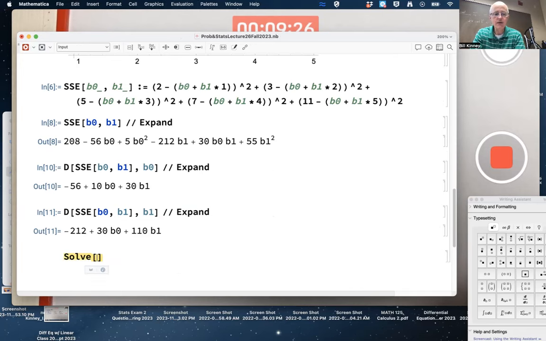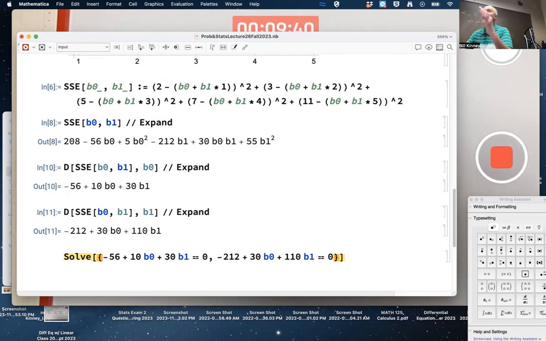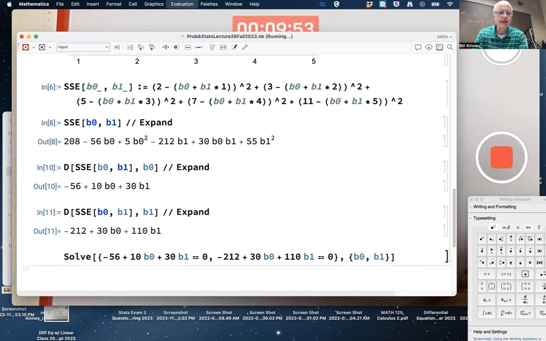Setting those equal to 0 and solving for b0 and b1 is what we do to try to maximize, or excuse me, minimize SSE. We're trying to minimize the sum of the squares of the errors. That's why it's often called least squares linear regression. You might wonder where the word regression comes from, and that's got kind of a sad story, but I won't go into it.